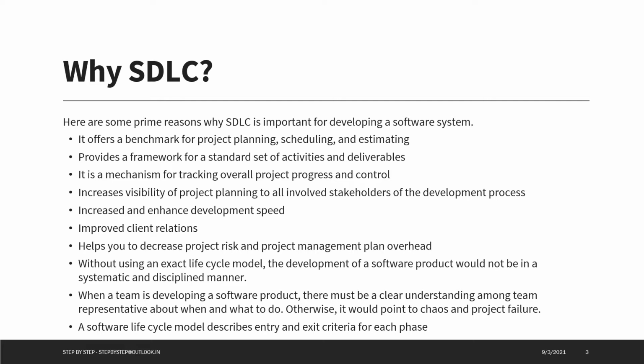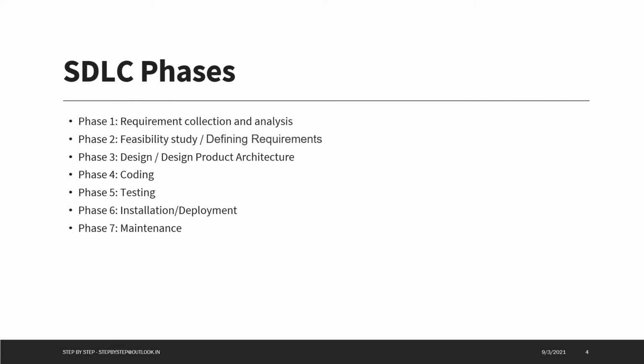Definitely, we have seen many examples where some projects fail due to very low control and tracking of the overall project and product. A software lifecycle model describes the entry and exit criteria for each phase. Exactly. Okay. So what are SDLC phases?